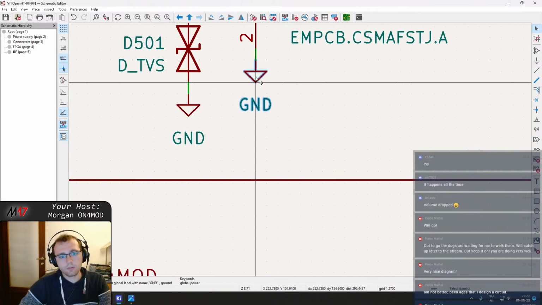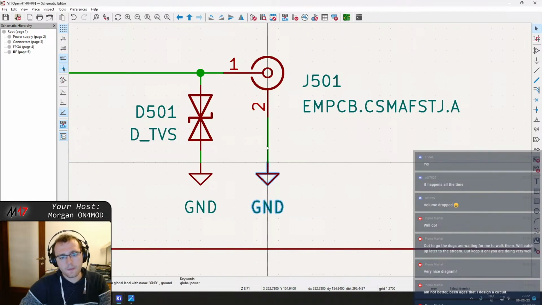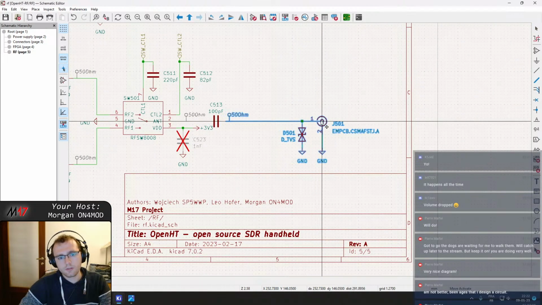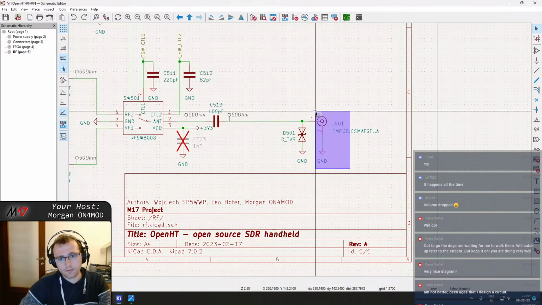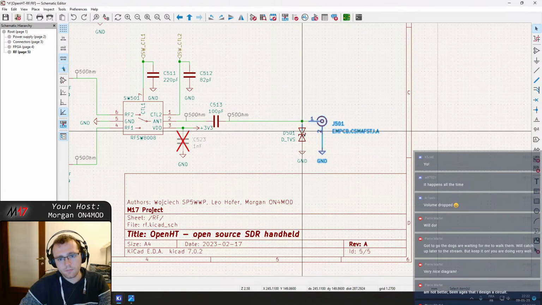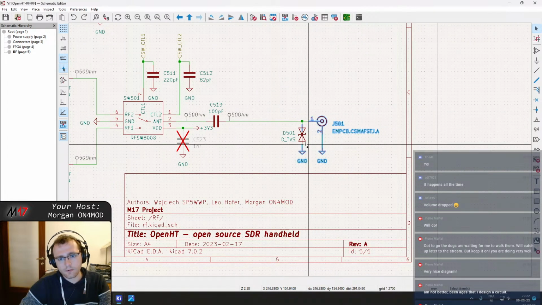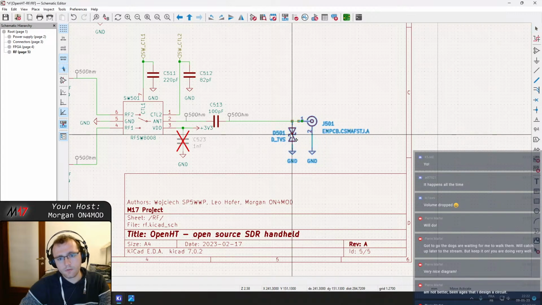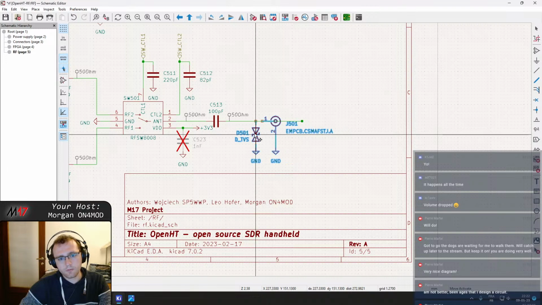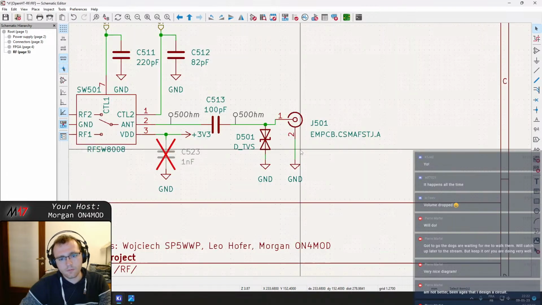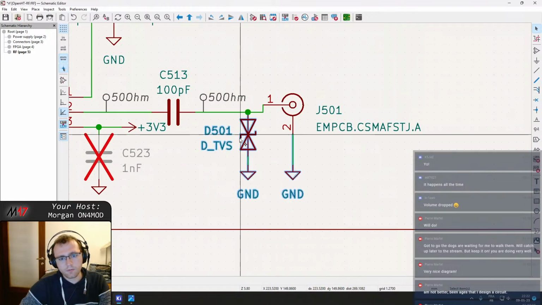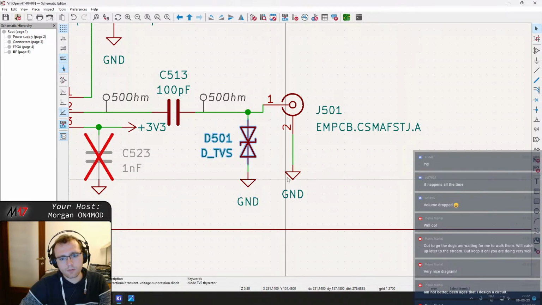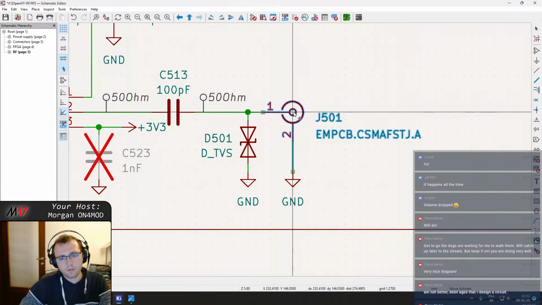Let's let it close. Align those two. Okay, there we go.